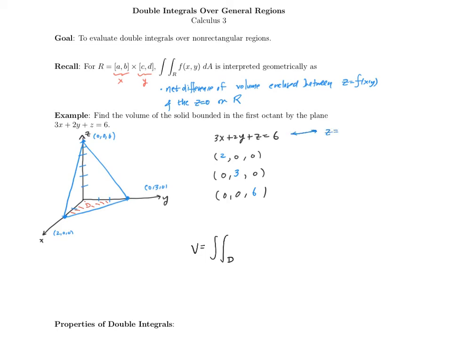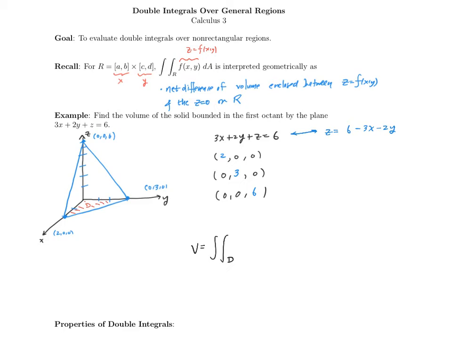That is, we need to put it in this form z equals. And if we look above, that associated graph would be z equals f of x, y. And if we isolate the z, we have 6 minus 3x minus 2y.